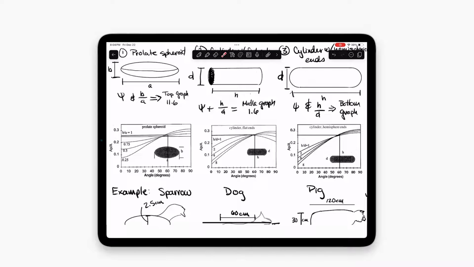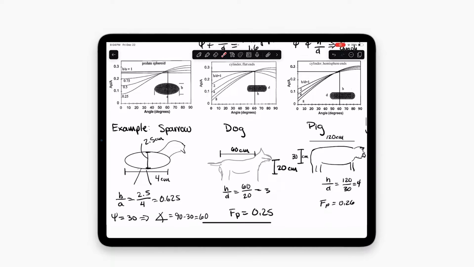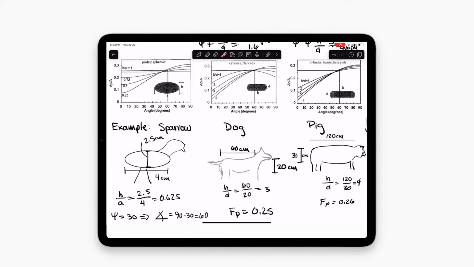Now, if we go to the diagram here of this cylinder, we have H, which is the height along the longitudinal axis, and then we have this value D, or again the diameter, across that cylinder. Let's take a case like the dog. I don't know exact measurements of a dog, so I'm just going to throw some guesses out there.